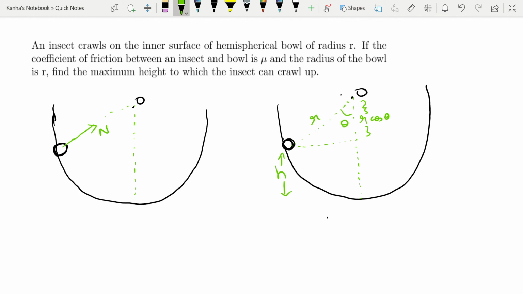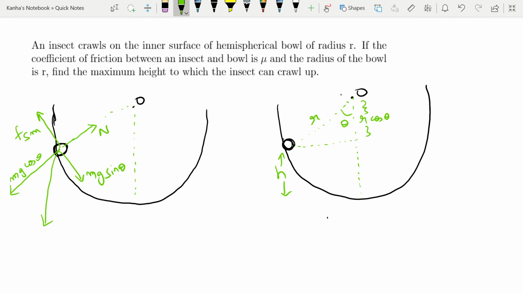So the external force is my gravitational force, which is acting downwards, but it has a component along the incline, mg sine theta, and there is a component perpendicular to it, which is mg cos theta. Similarly, to oppose this, I have a frictional force on it.